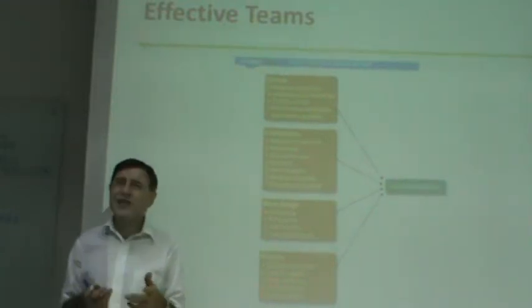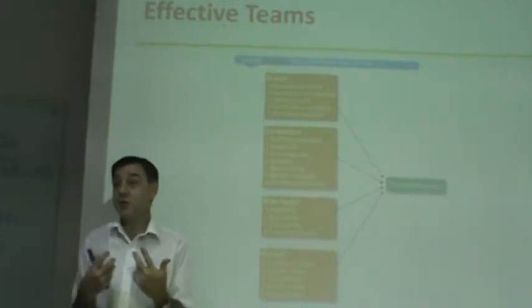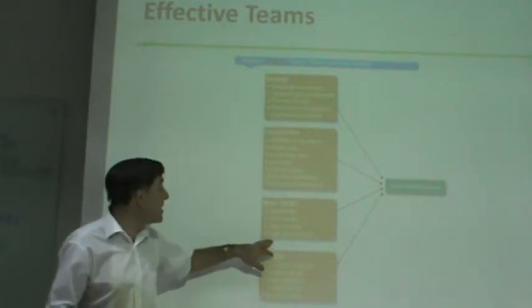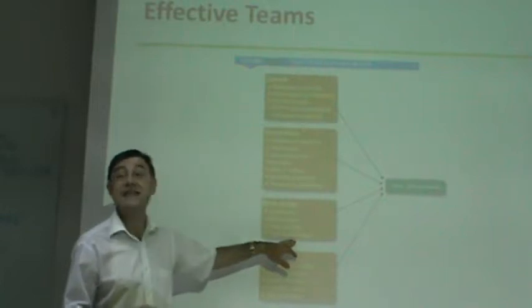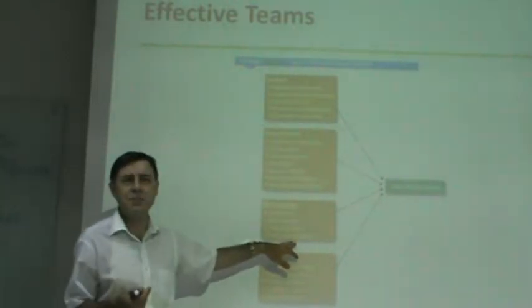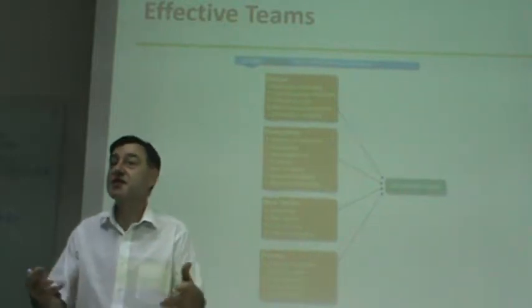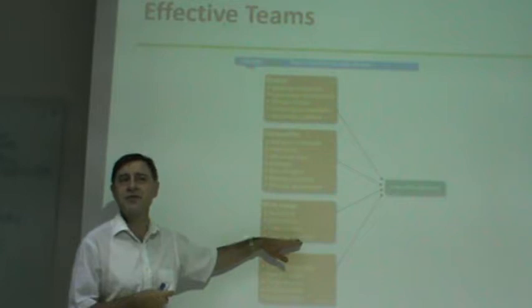If they don't know what's expected from them, well, they don't know what they're doing, okay, and why they're on the team. And you need to explain to them why the task or the job you give them is significant. Why is it important? You got to tell them, look, this is a very important job because of this, this, and this, okay? So they need to know and understand that the job is important.